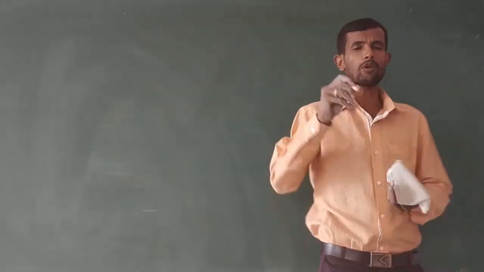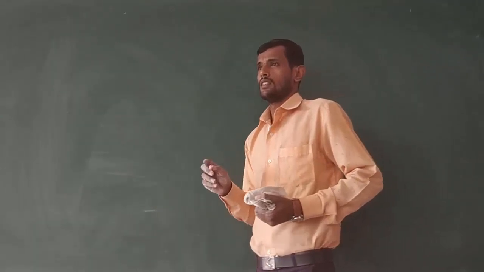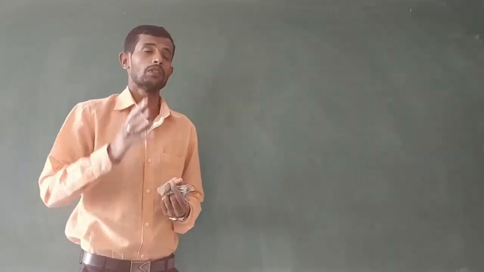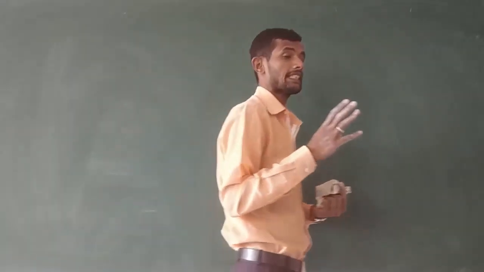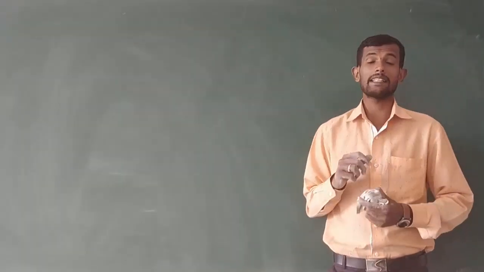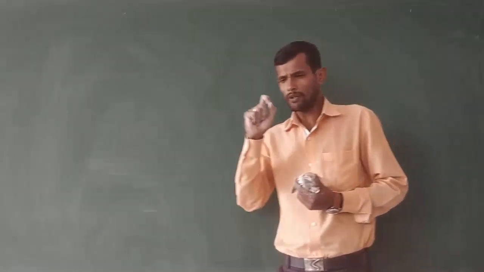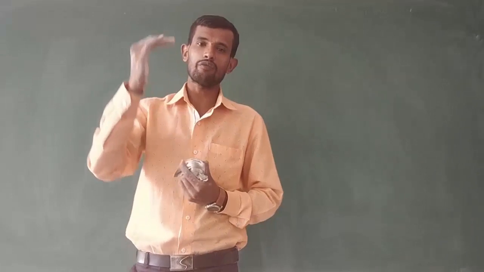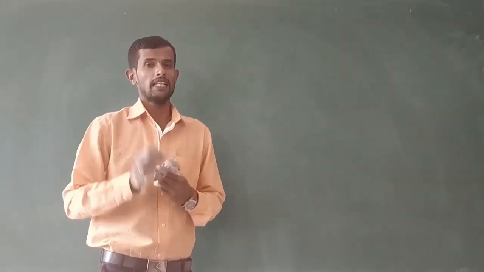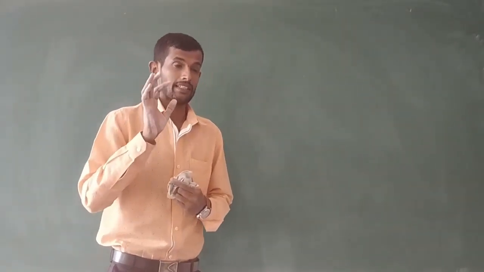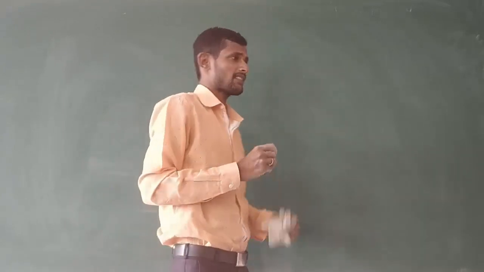Students, one more important concept. It may help you in your CET, NEET as well as JEE examination. When you observe the electron affinity of 17th group elements, there is one exceptional case. What is that? See this question.